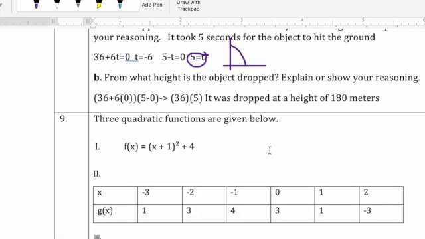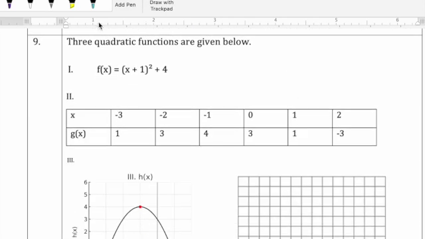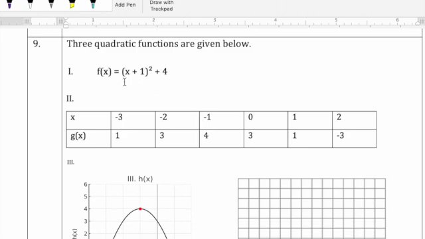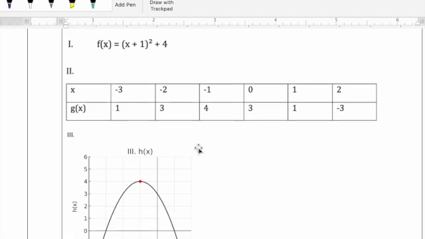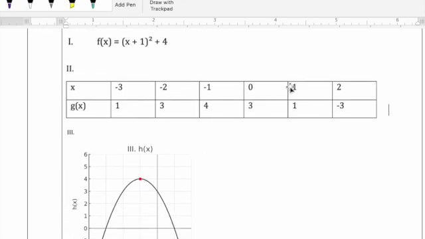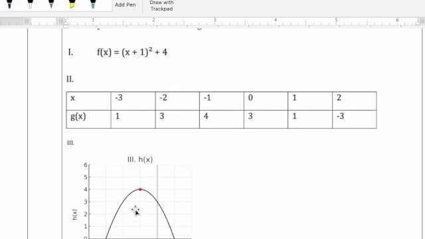All right, let's take a look at question 9. These examples are similar to Regents questions now. So we have 3 quadratic functions. F of x equals x plus 1 squared plus 4. This is actually not part of it. I put it here to be able to do graphing. I'll put it back in a second. Then we have this table, and then we have another graph, and it says which of these functions have the same vertex.